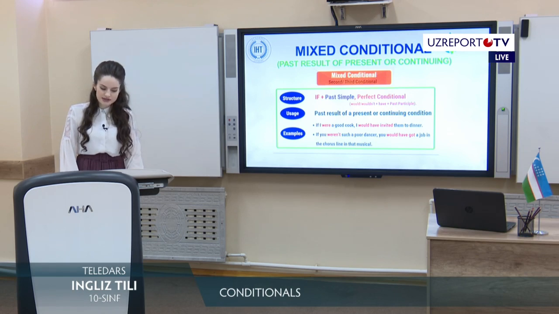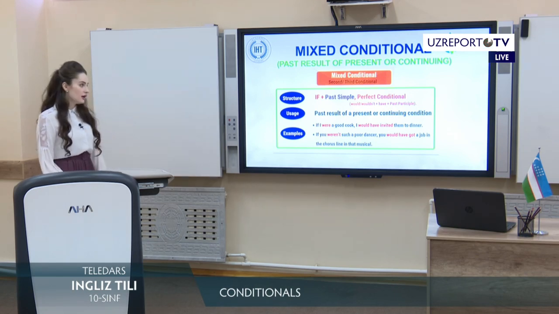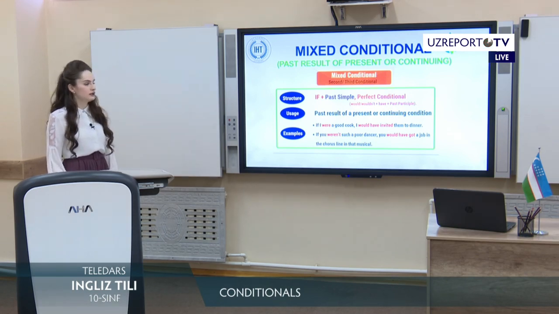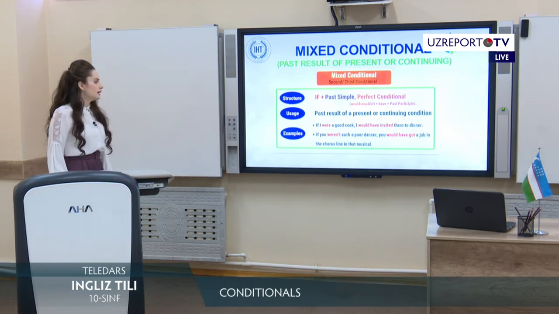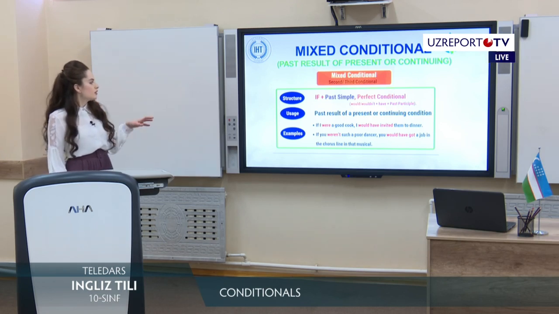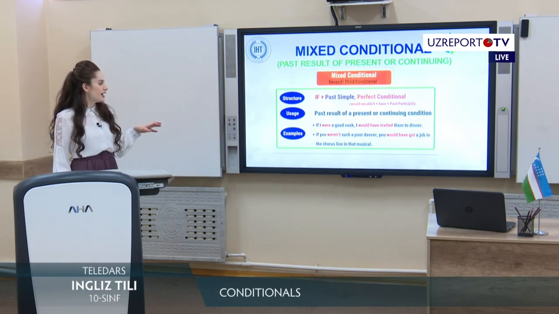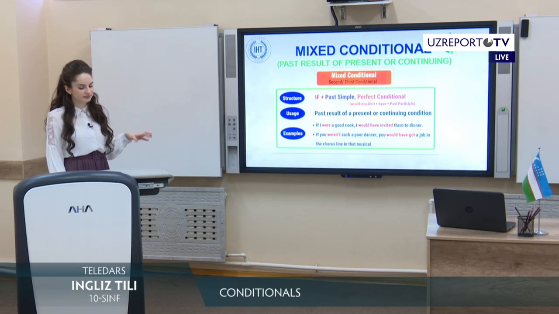Well, the usage is past result of a present or continuing condition. Remember this definition, and when you are asked by your teacher, you will answer easily, briefly, and it will be meaningful. Examples. If I were a good cook, I would have invited them to dinner.